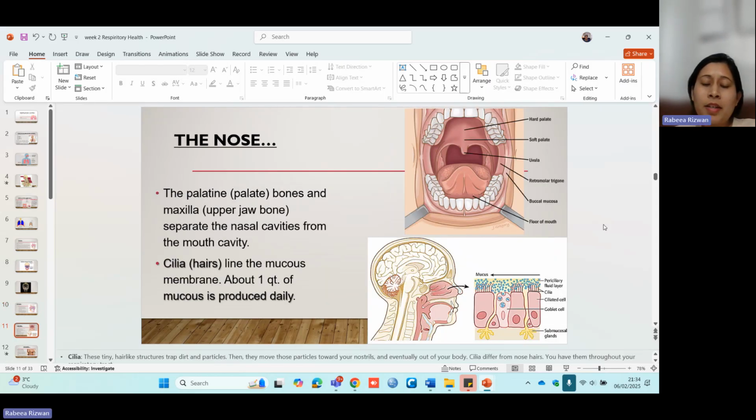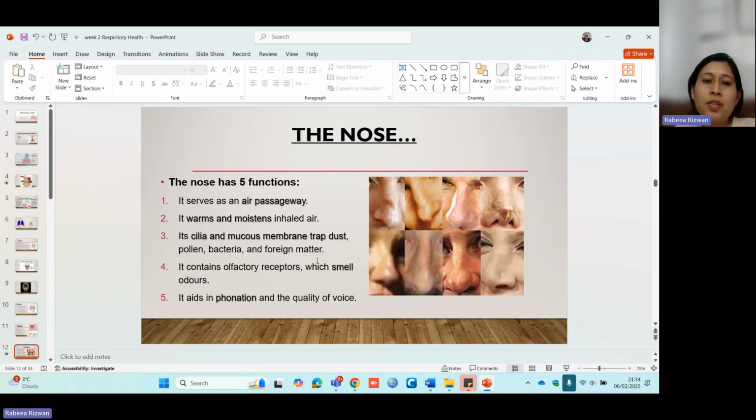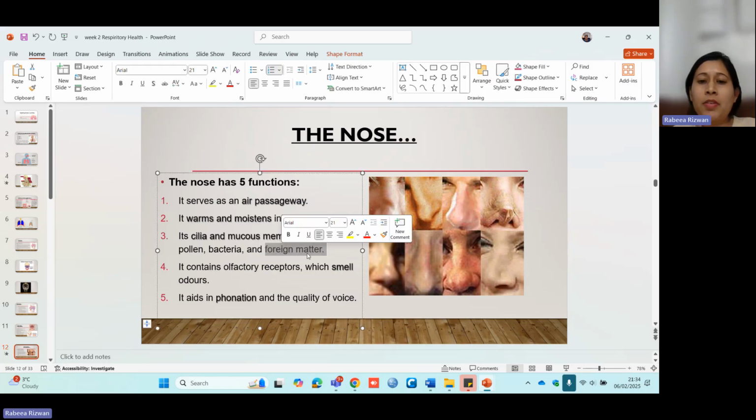Inside the nose, there are hairy projections called the cilia, and the function of the cilia is to produce the mucus. The function of the mucus is to trap foreign particles when we are breathing in so that our internal parts stay protected, for example from pollen, bacteria, and dust particles.